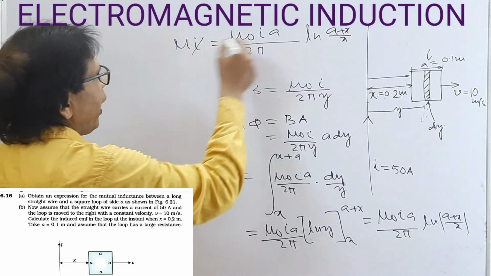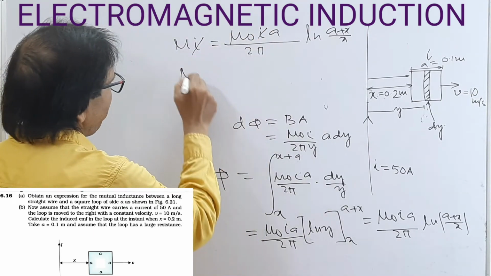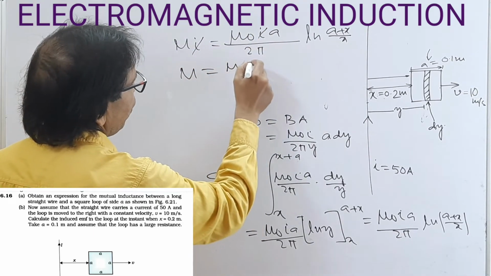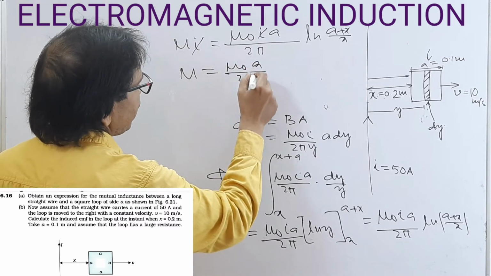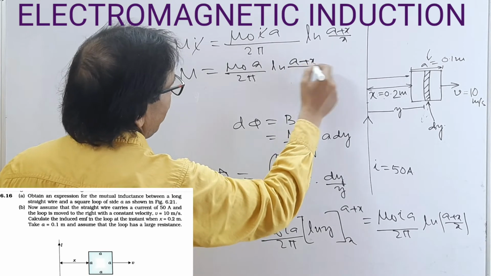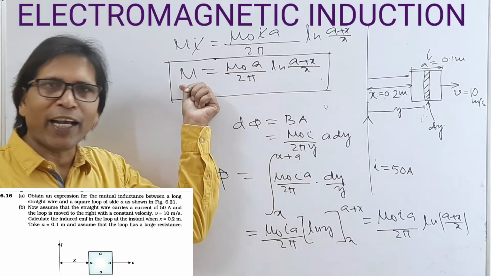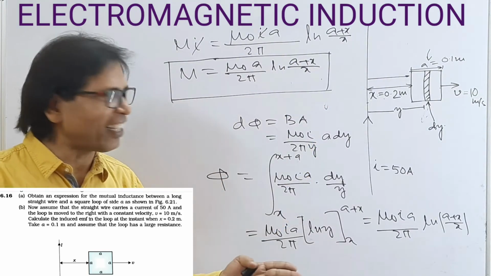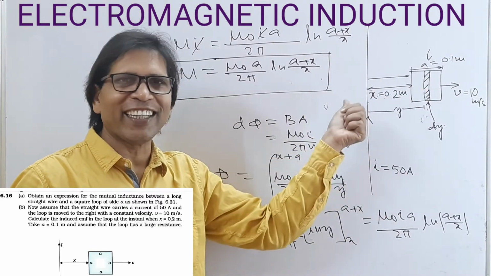Now I cancels out, therefore capital M equals mu naught a by 2 pi ln of a plus x by x, which is the magnitude of mutual inductance between this and this.